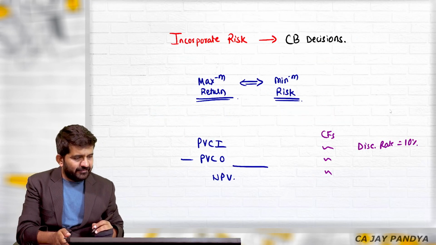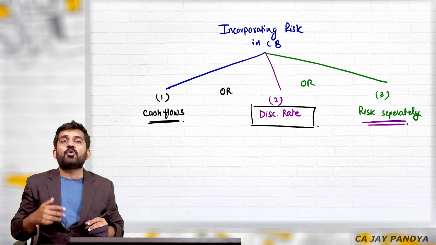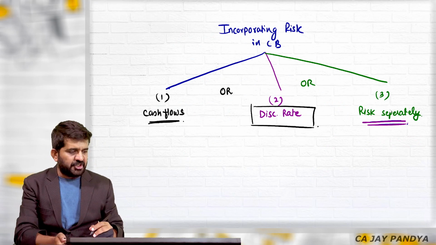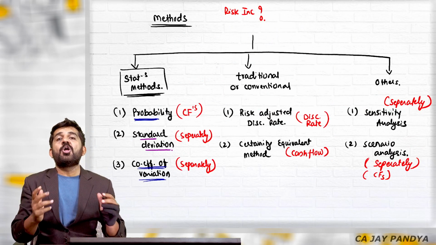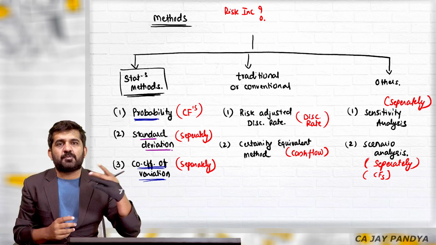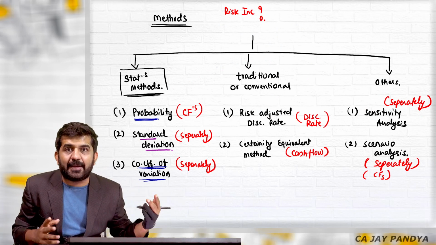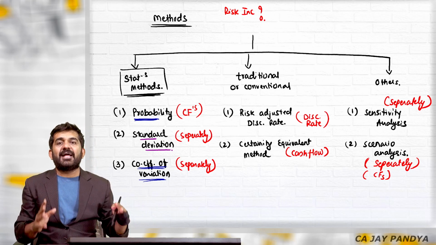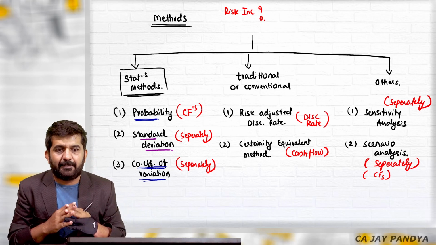Then we did where we can incorporate risk in capital budgeting decisions, and then we did all the methods where the risk is incorporated either in cash flow or in discount rate or separately in different methods of risk analysis in capital budgeting.